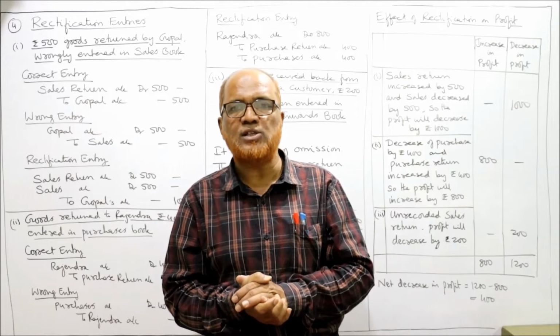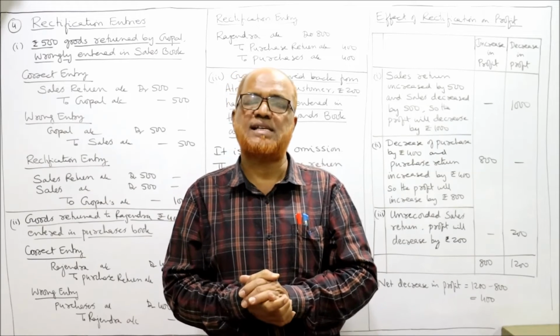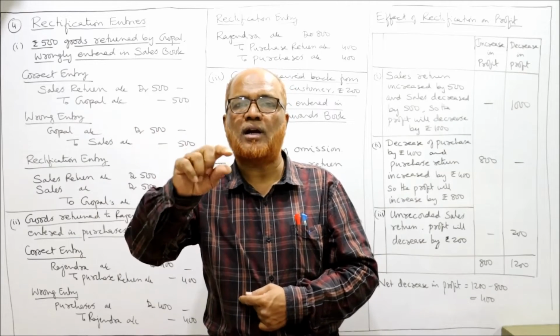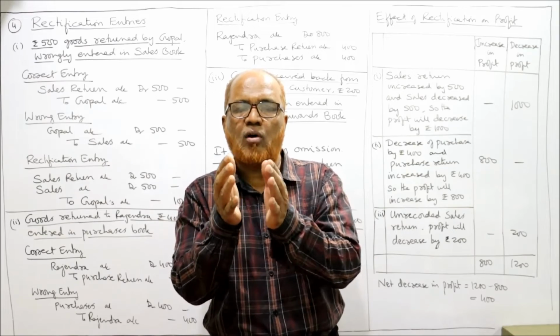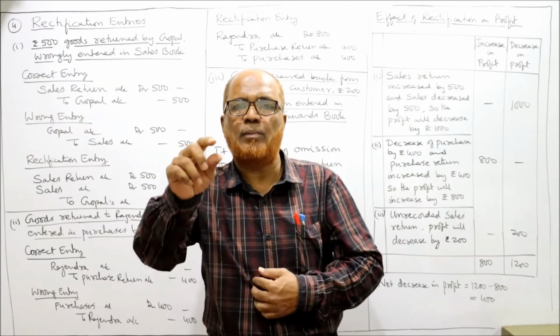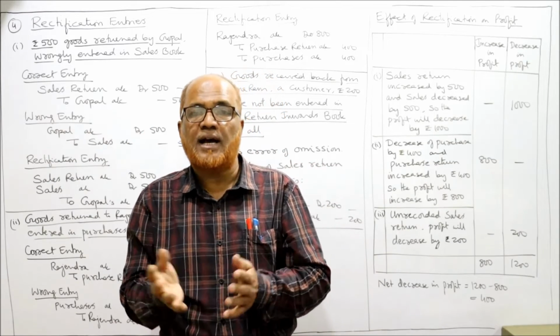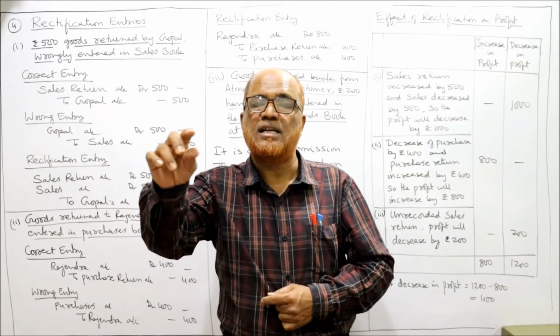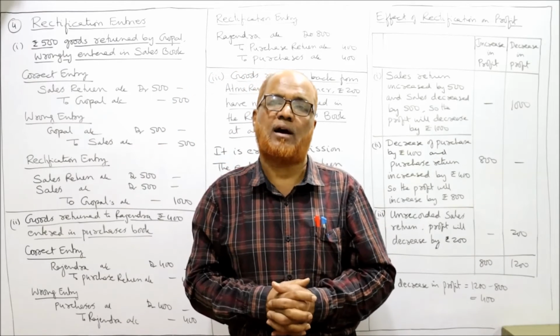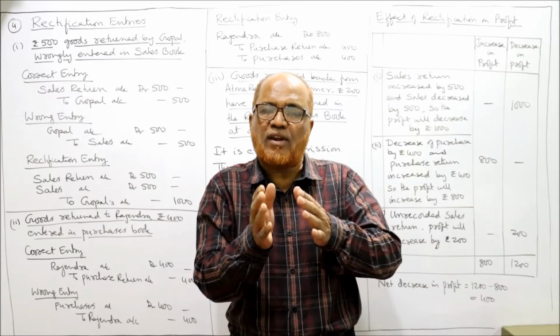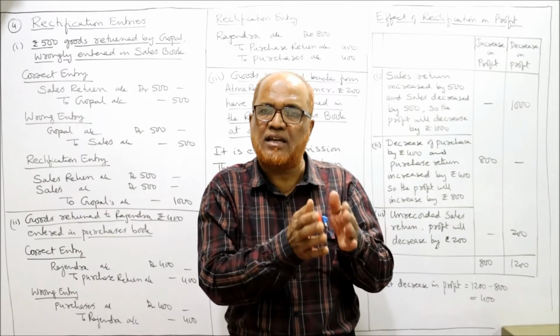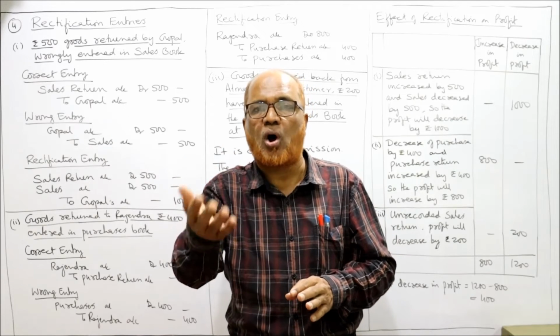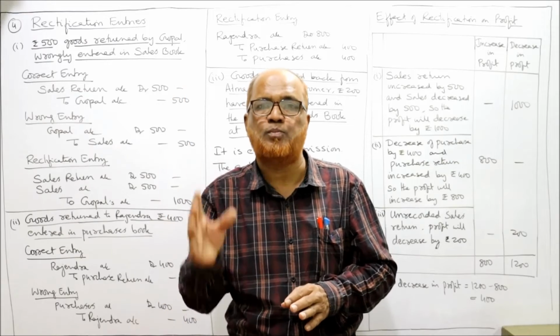If we record it in the sales book, the entry will be Gopal account debit to sales. The correct entry is sales return account debit to Gopal account.